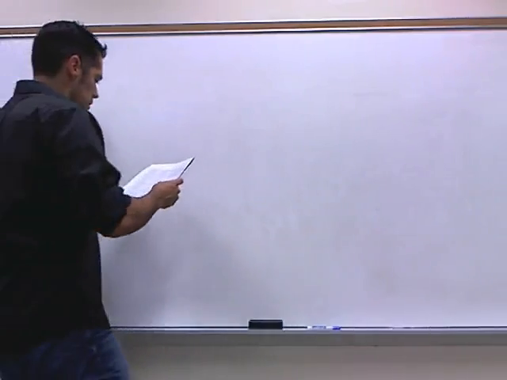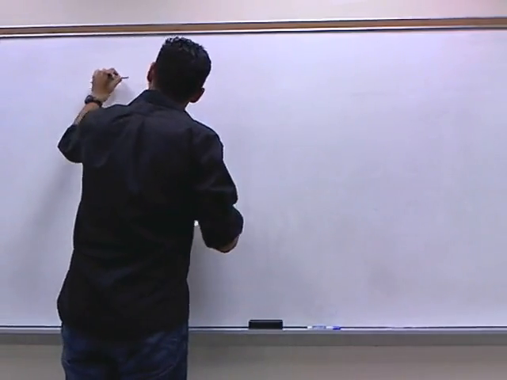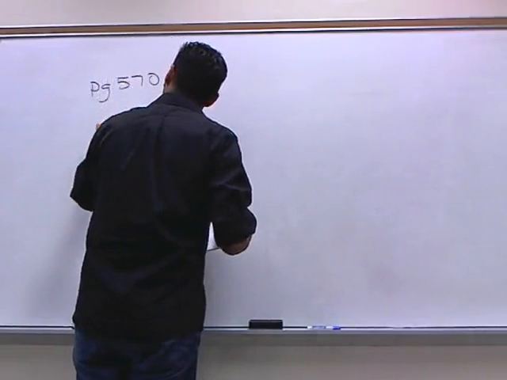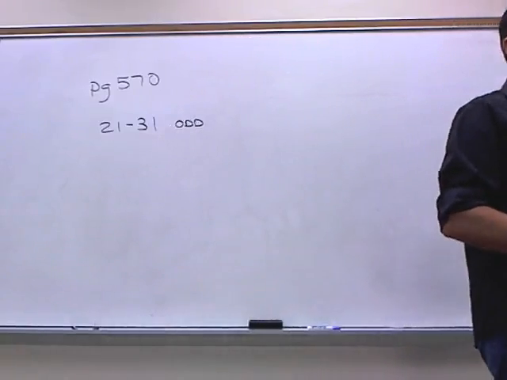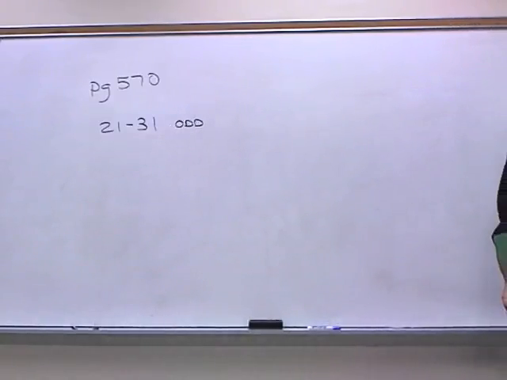Page 570, 21 through 41. Page 570, 21 through 31 odd. That's good enough for what we're doing.